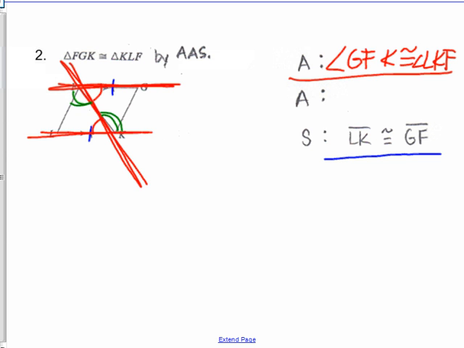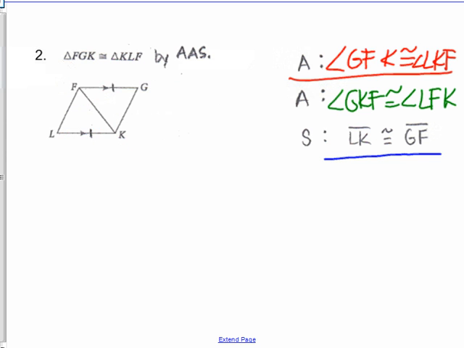So I'm going to say that angle GKF is congruent to angle LFK. So now those triangles, you can't even see them anymore, but now those triangles are congruent by angle angle side.